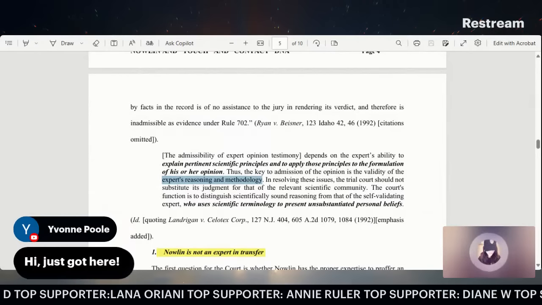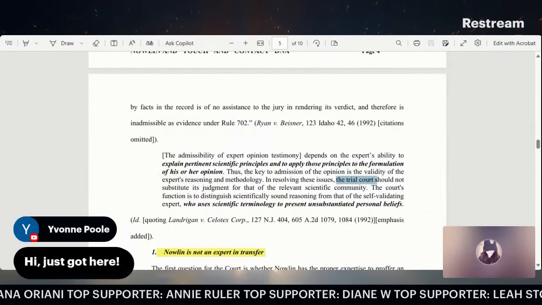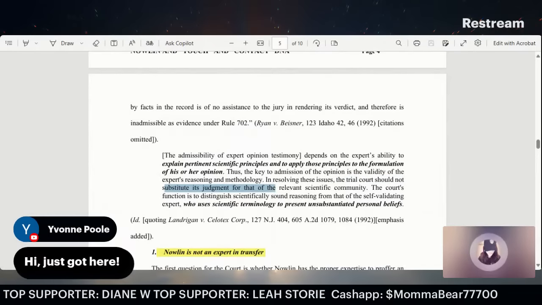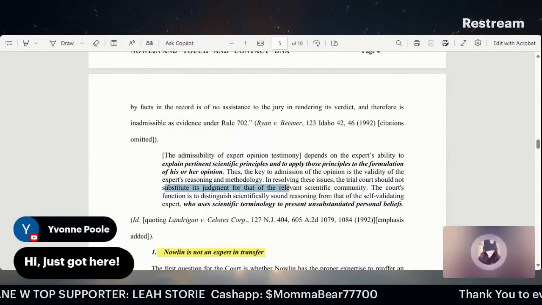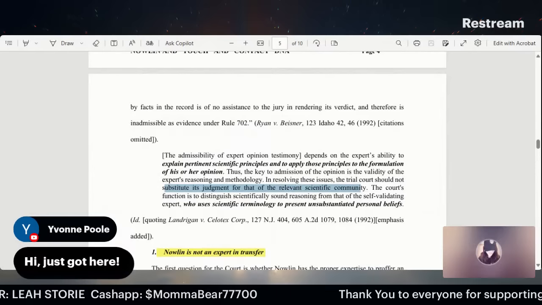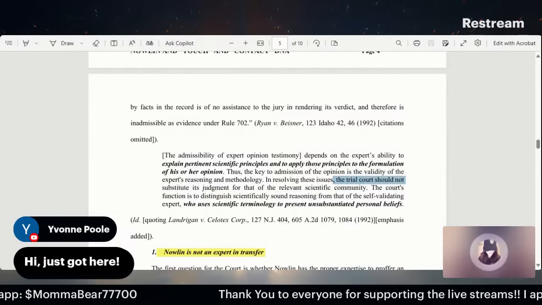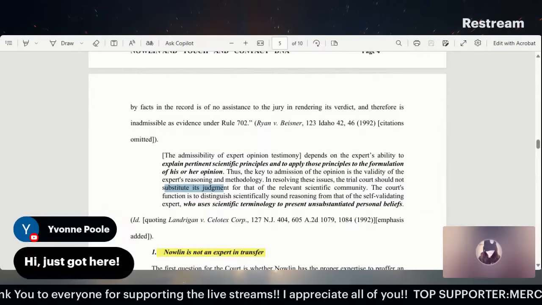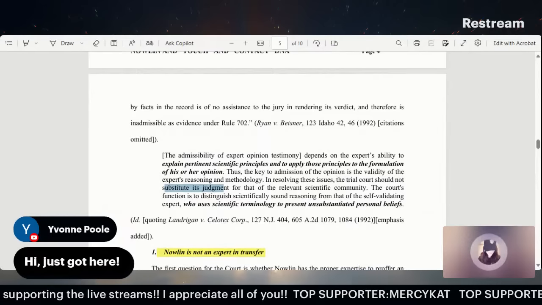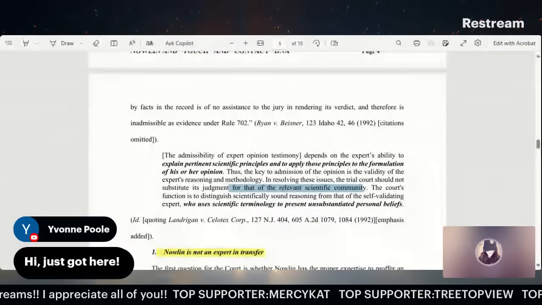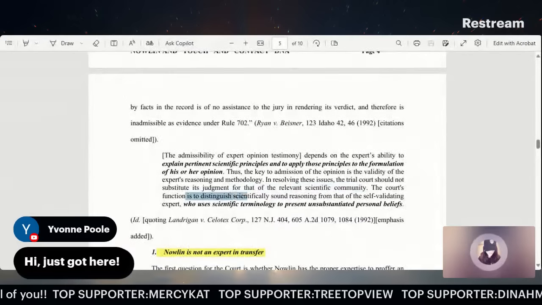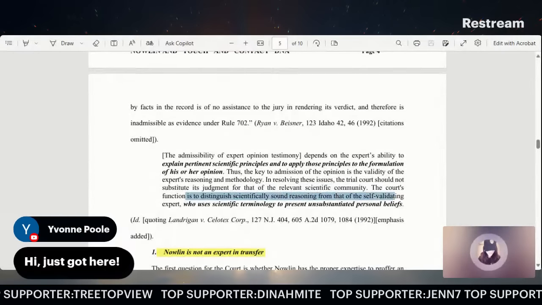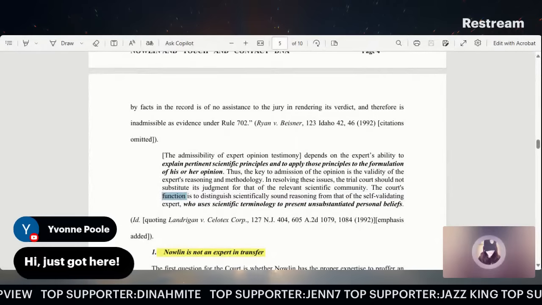In resolving these issues, the trial court should not substitute its judgment for that of the relevant scientific community. The court's function is to distinguish scientifically sound reasoning from that of the self-validating expert.